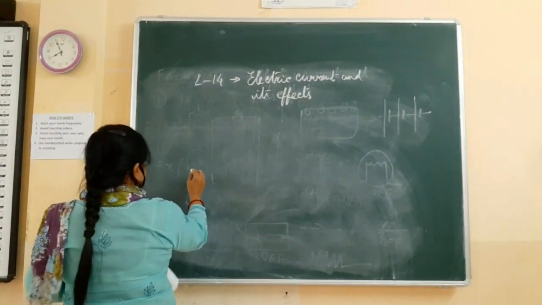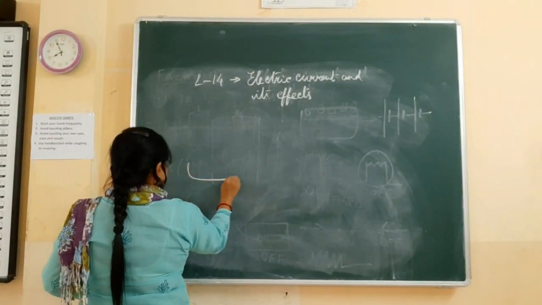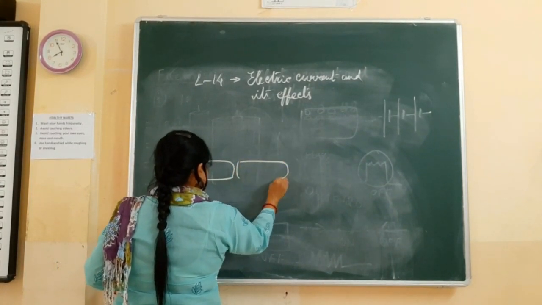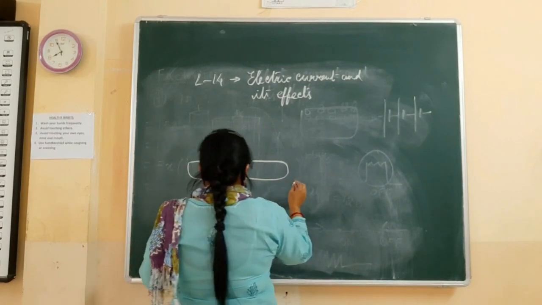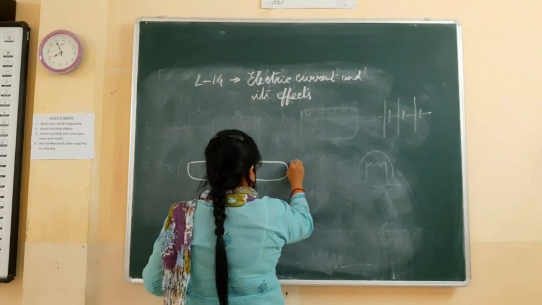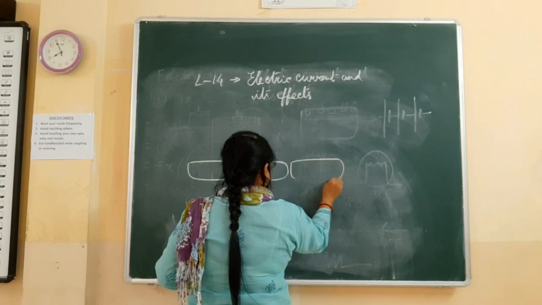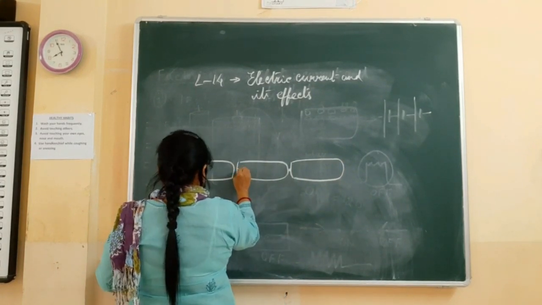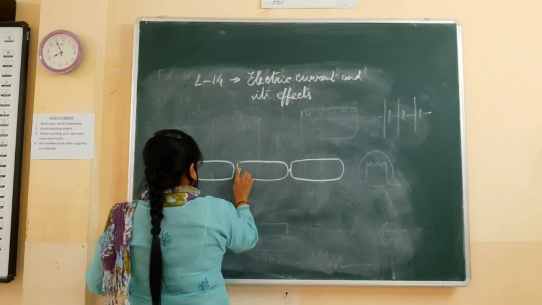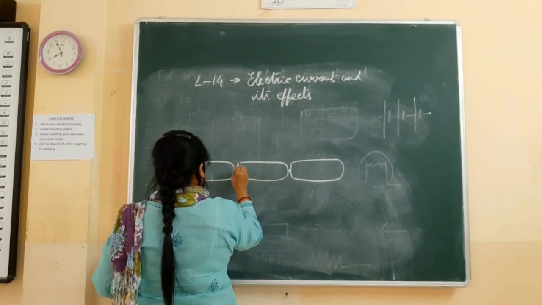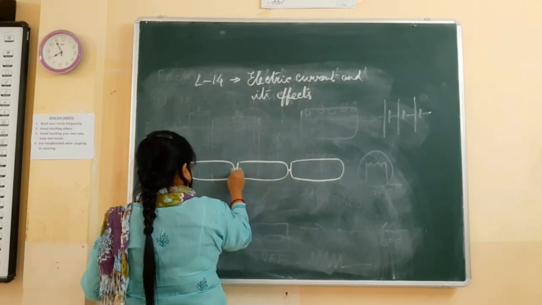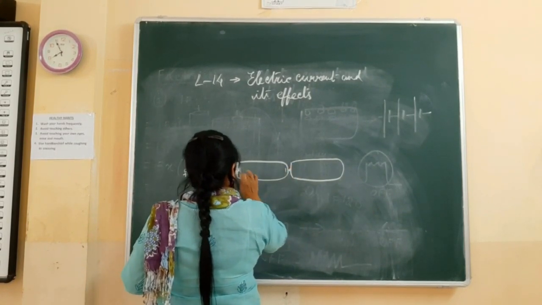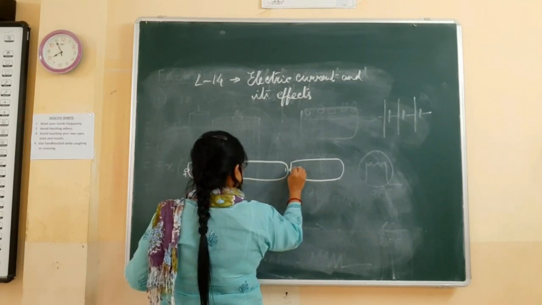Now, in series connection, a number of cells are connected in such a way that the negative terminal of a cell is connected to the positive terminal of another cell.